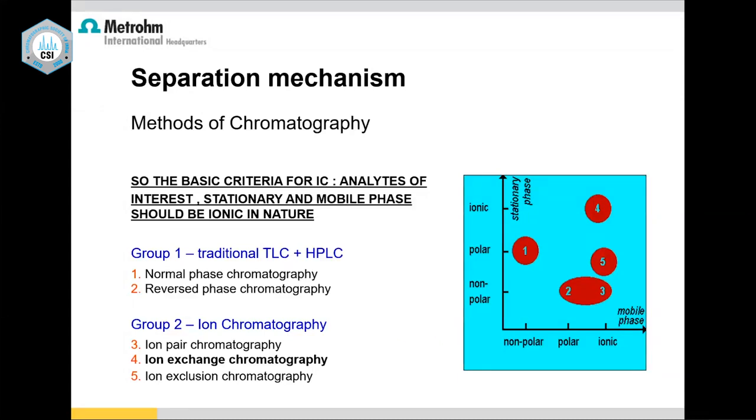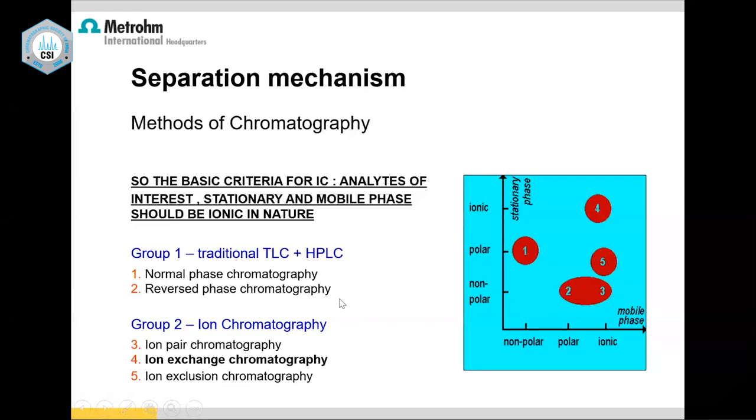You can see here there is a table which gives you a comparison between normal phase, reverse phase, and ion exchange. With respect to normal phase, we have a polar stationary phase and non-polar mobile phase. In the reverse phase, you have a polar mobile phase and non-polar stationary phase.